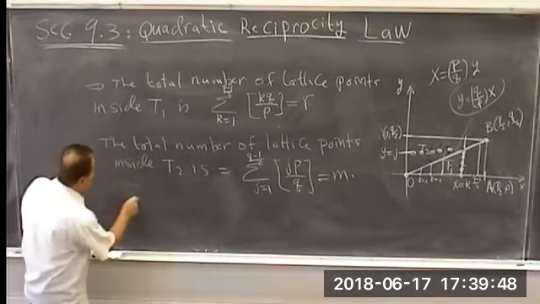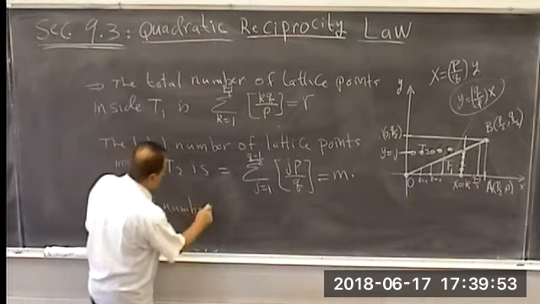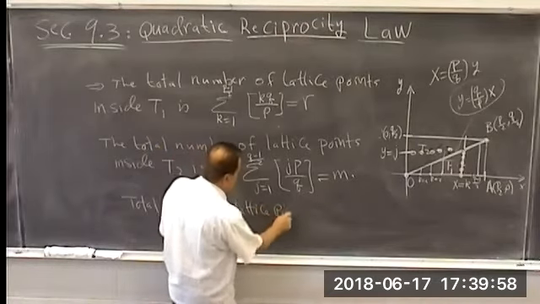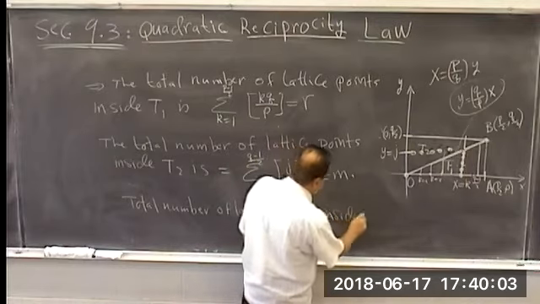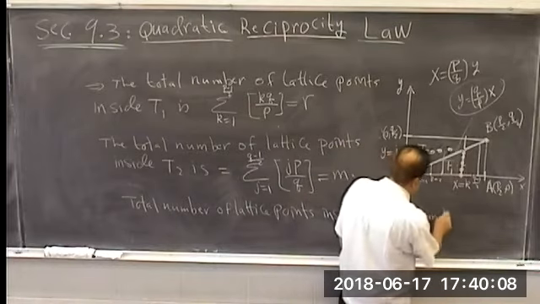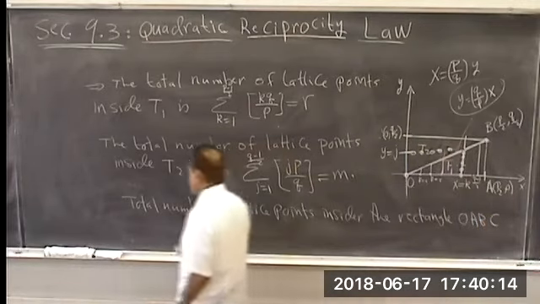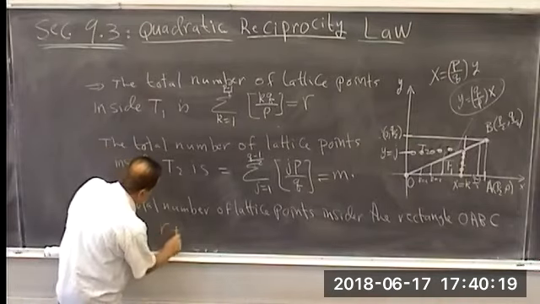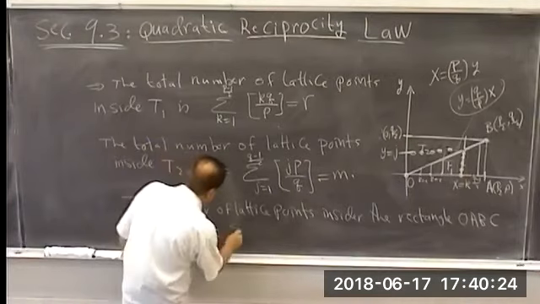So then the total number of lattice points inside the rectangle OABC is R plus M, which we could also write in terms of this formula if you wish.